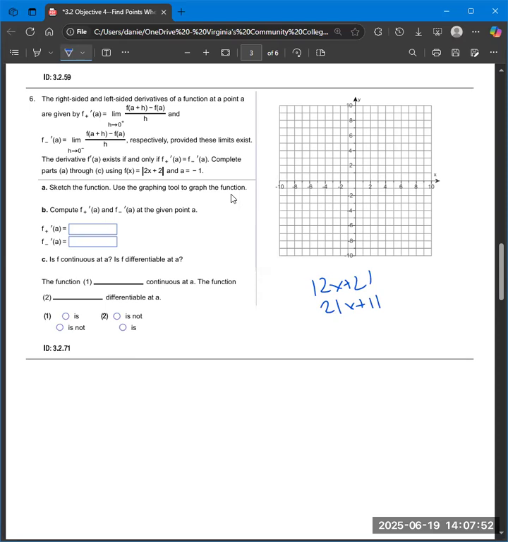That has a cusp or a vertex at -1, has a slope of 2 up to right 1, up to left 1. Slope on the right hand side is a +2, slope on the left hand side is a -2. The function is continuous at a, which is at -1, but it is not differentiable there because it has that corner, that cusp.